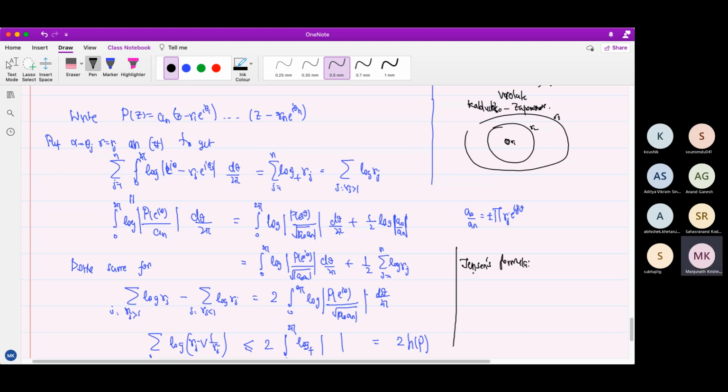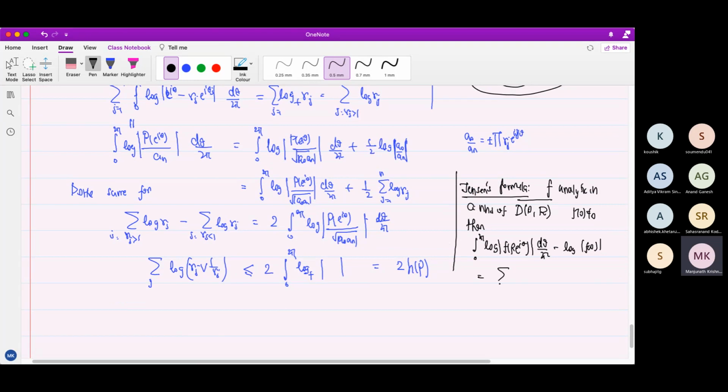It says that if f is analytic in a neighborhood of, let's say, the disk of radius r, then if you take the integral of the logarithm minus log mod f of 0, assuming that f of 0 is not 0, otherwise you can modify it, that will give me the sum over all roots zeta such that f zeta is 0 with mod zeta less than r.